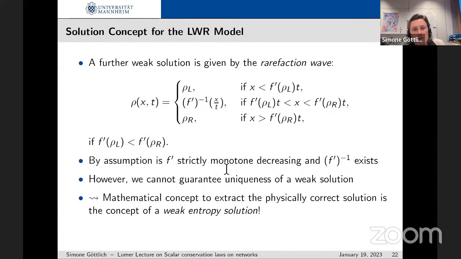A further weak solution is given by the so-called rarefaction wave, which is given by this expression here.